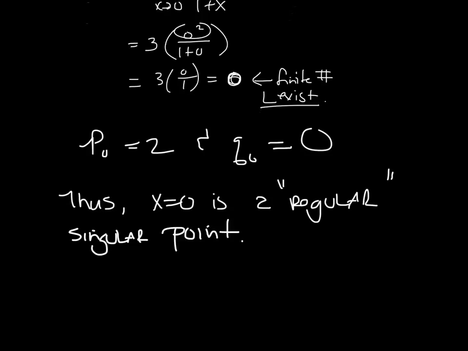Remember, since the limit exists, our little p of x and q of x have Taylor series expansions. So the next part is, if it's a regular singular point, which it is, find the exponents of the differential equation.